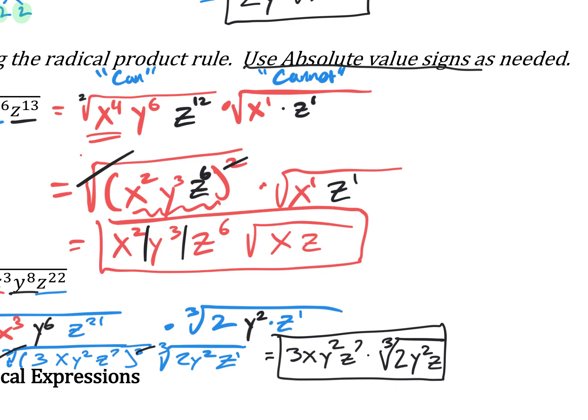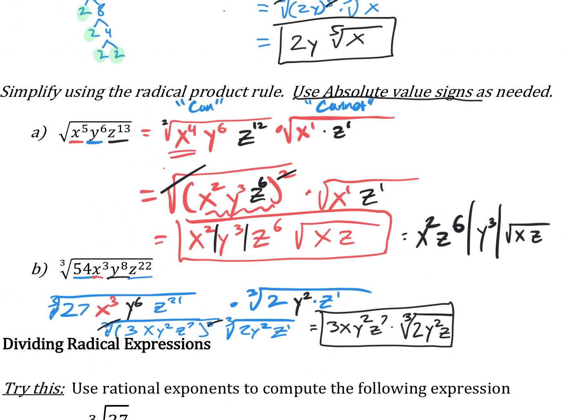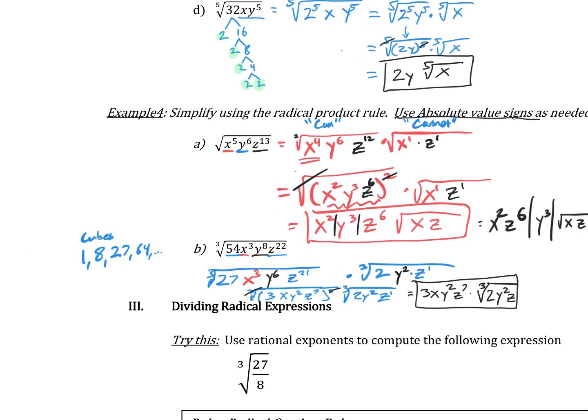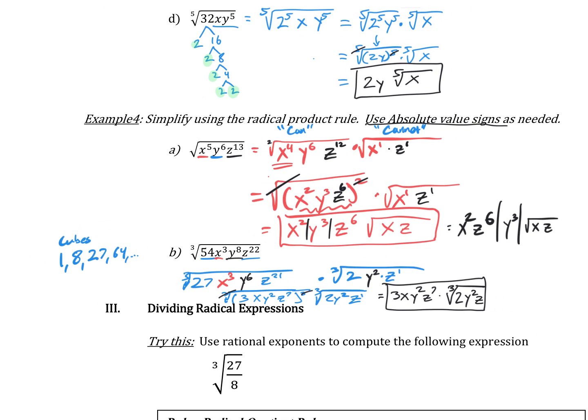You might write this like this: x squared z to the 6th, absolute value of y cubed, and then the square root of xz. So the idea is anything that comes out, we've got to make sure that that's positive if we took the square root, because this is an even root. And a little reminder, even roots that lead to odd powers need absolute value.